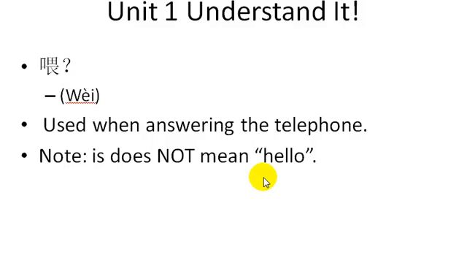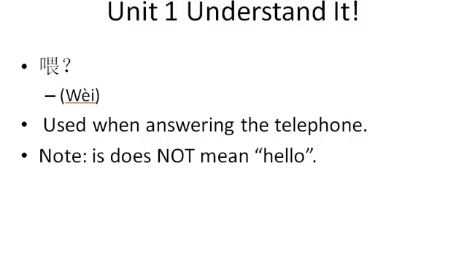喂 is the word that Chinese use to answer a telephone. Now, it doesn't mean hello. You can't just use 喂 to mean hello. What you need to understand linguistically is that every language or culture has a different way of answering the phone. In English, we say hello. That's how we answer the phone, but that's not the case in every language. In some languages, they have a very special, unique word that's used when you're answering the phone.